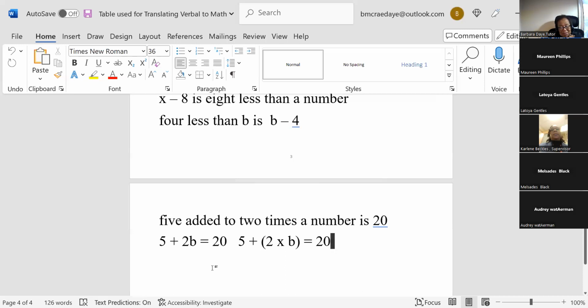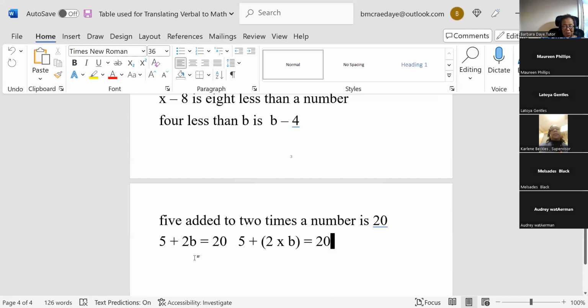Audrey, you got it exactly right. Now, Mercedes, remember we did something like that side by side multiplication one time before. It's simple to put side by side multiplication, because I'm saying 2 times a number and that number is B. Mercedes, you okay?